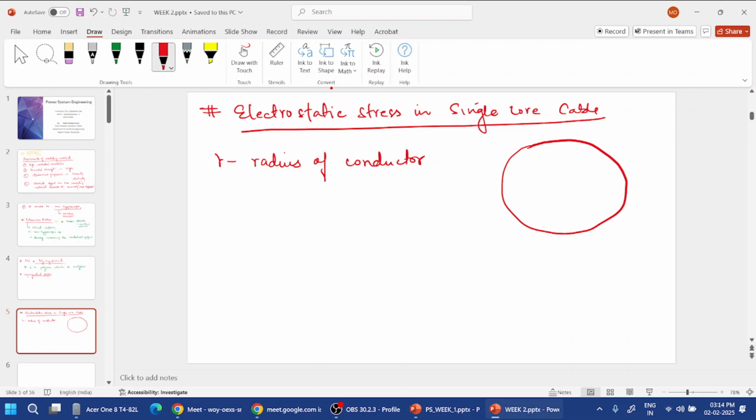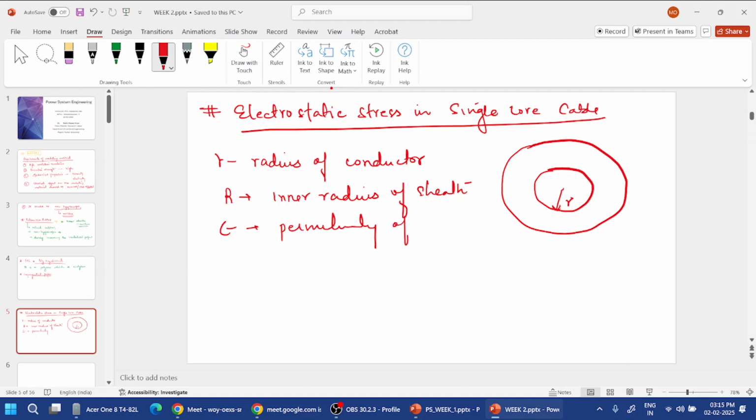It will help your understanding of the topic very much. Let this be r, and capital R is the inner radius of the sheath, and this is the permittivity of the dielectric.